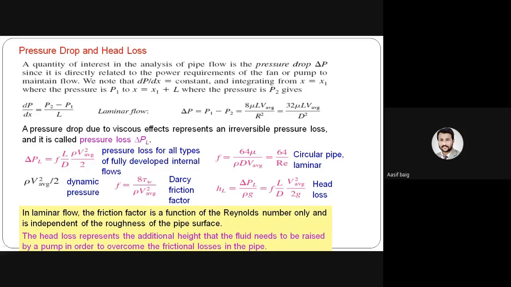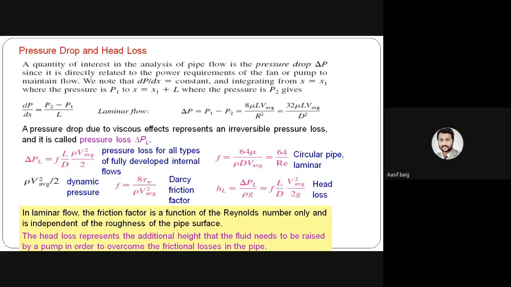A pressure drop due to the viscous effect represents an irreversible pressure loss, and it is called pressure loss, denoted as ΔPL. So ΔPL = f (L/D) ρ V²/2.